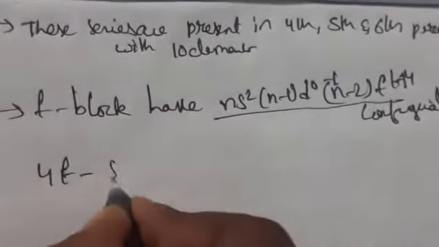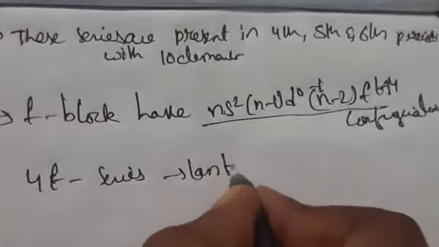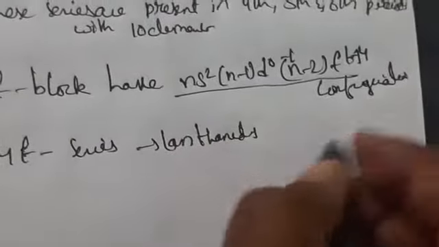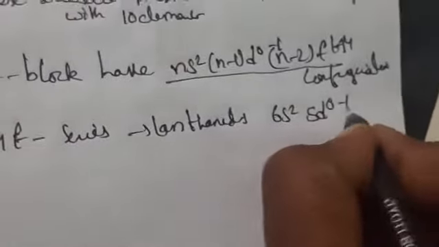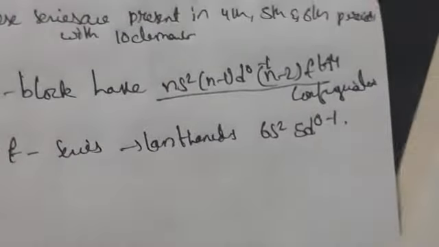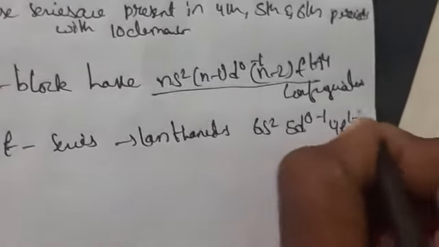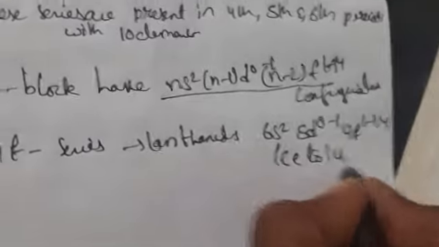The 4f series we call the lanthanides. It has the general electronic configuration 6s2 5d 0 to 1 4f 1 to 14, from cerium to lutetium.